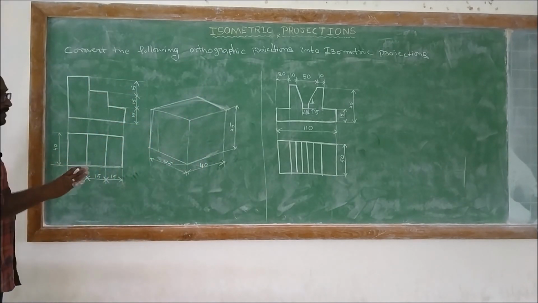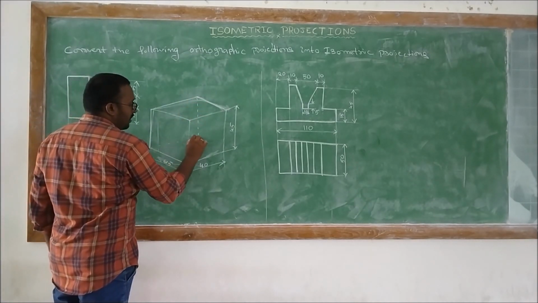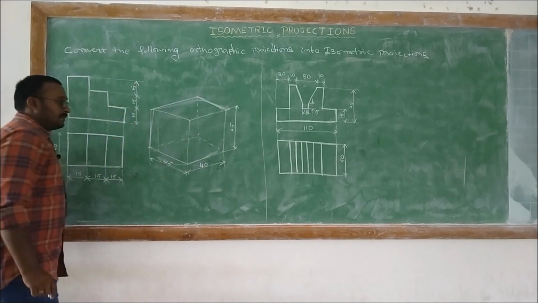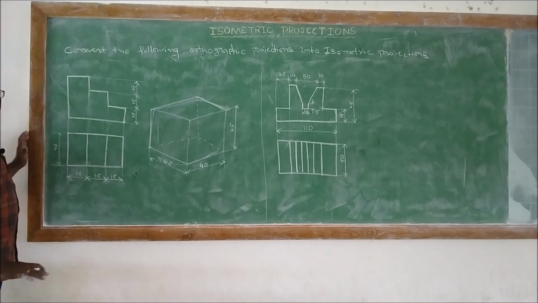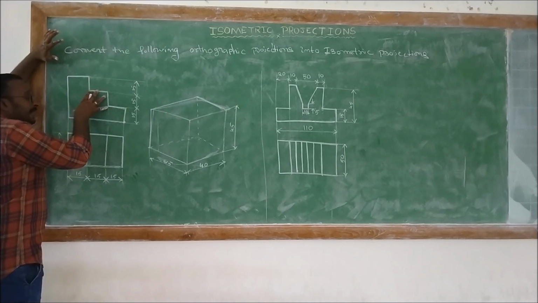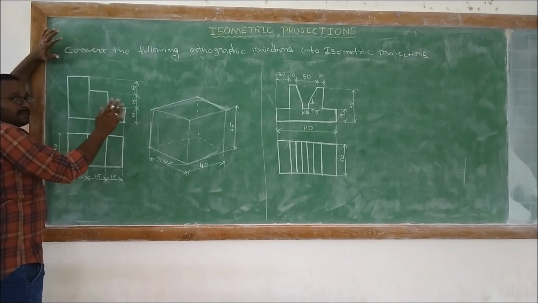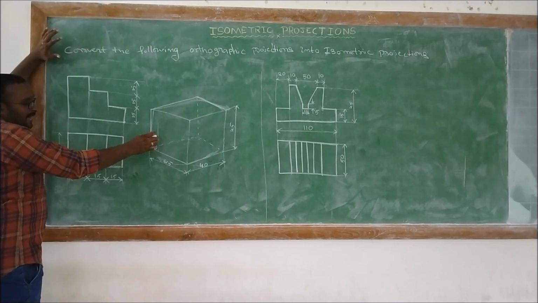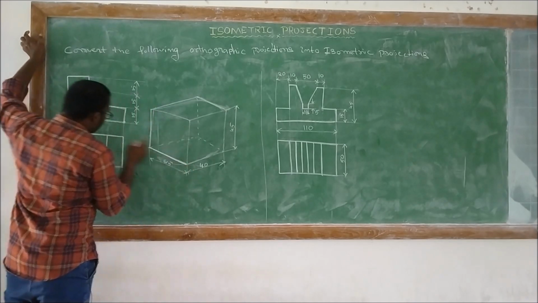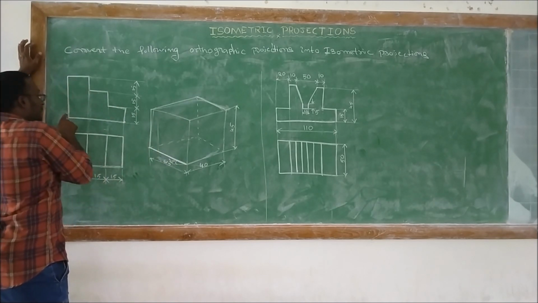So this is the way we need to create the initial position, right? Here length, breadth, right? Now we need to draw this front view as it is. Here all the lines are isometric lines because there are no inclined lines, so we can directly place that front view as it is. Here the 45 will be 45, and the horizontal line should be inclined at an angle of 30 degrees to the ground. Then the vertical line should be vertical.